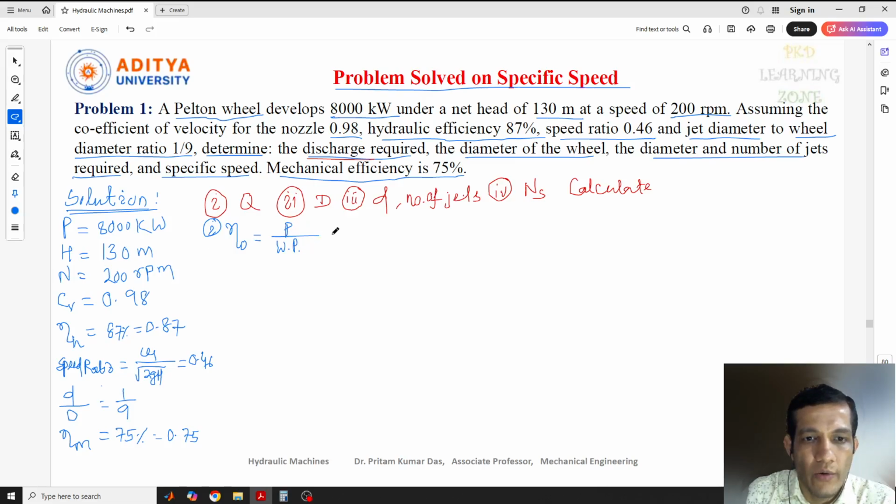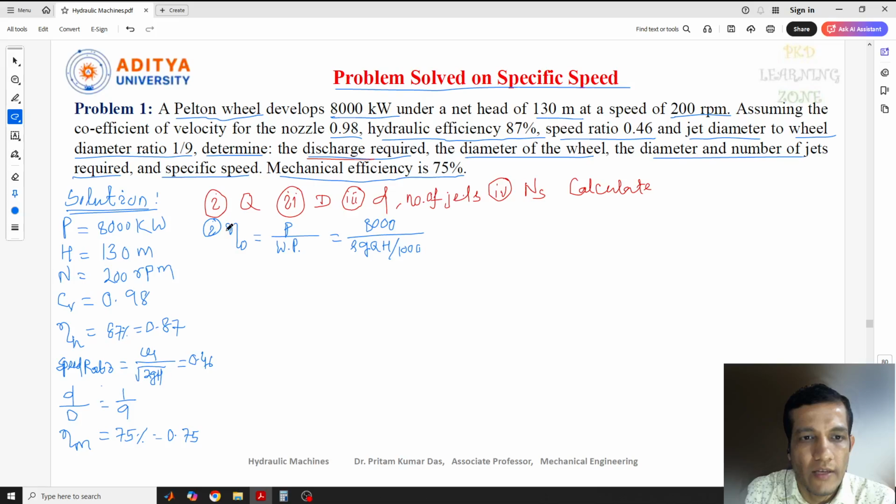And water power is rho g Q H divided by 1000. This is the formula for water power. Now if you see, the Q term is involved here. The remaining terms are density, gravity, and H, which is given.